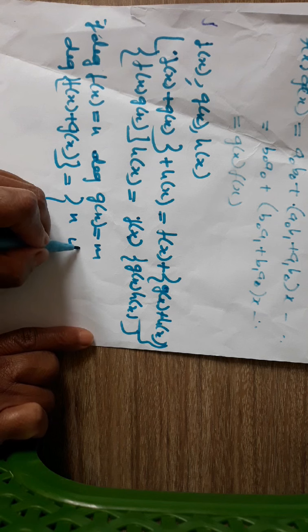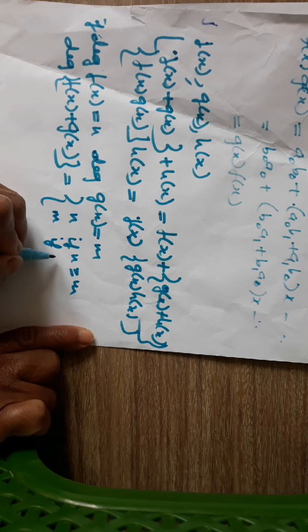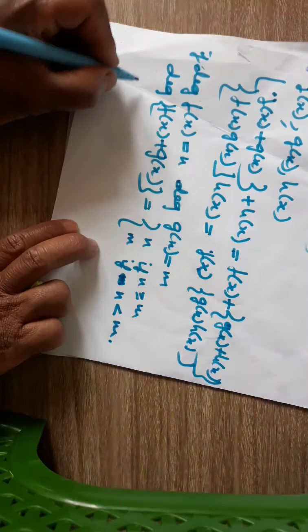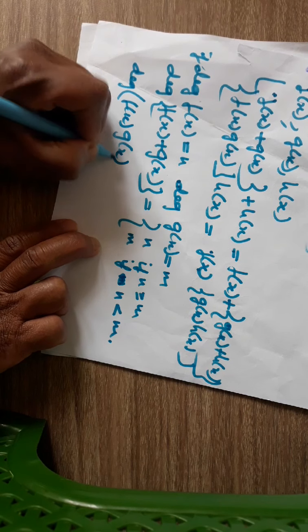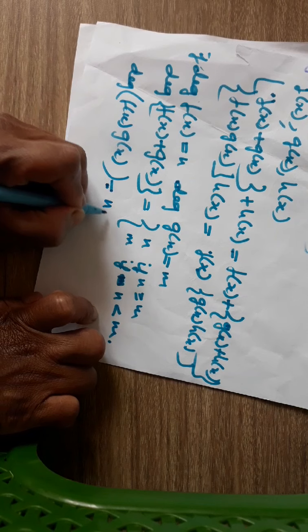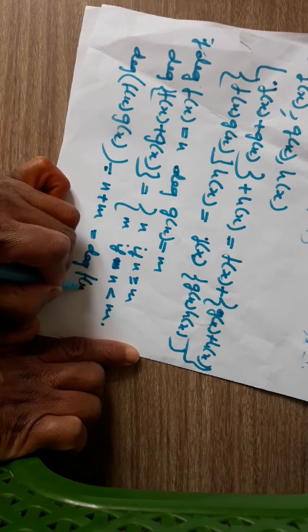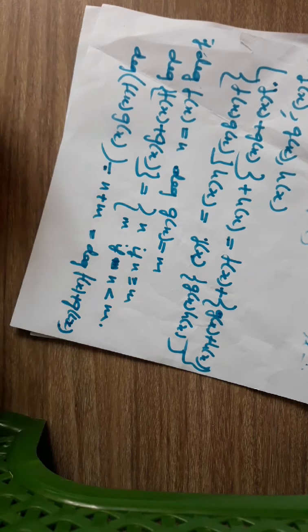It will be equal to n if n is greater than or equal to m, and it will be m if n is less than m. Now in case of the product, the degree of f(x) into g(x) will always be equal to n plus m, which is equal to degree of f(x) plus degree of g(x).